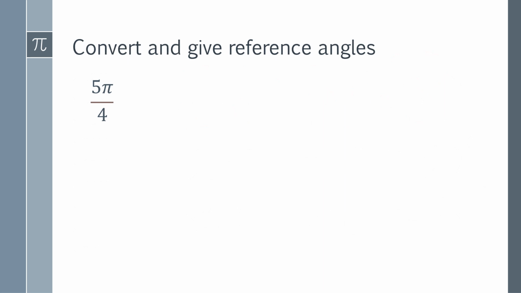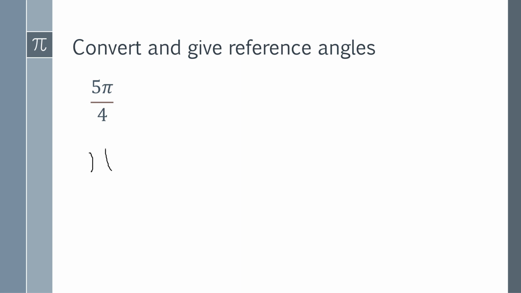Alright, why don't you try and convert 5 pi over 4 into degrees to find the reference angles? So, you shouldn't really have to convert to find that reference angle. The reason why is because of our magical radians that we know of.